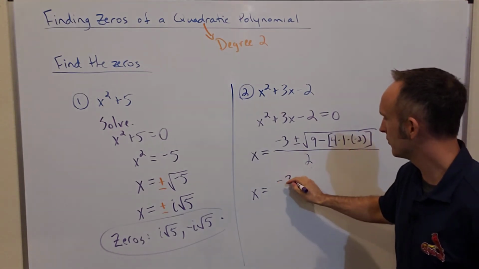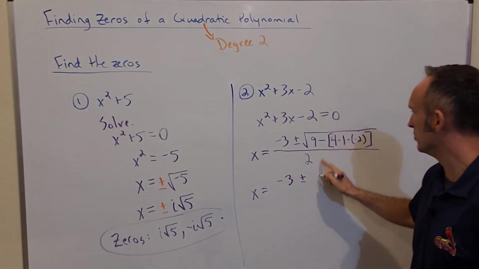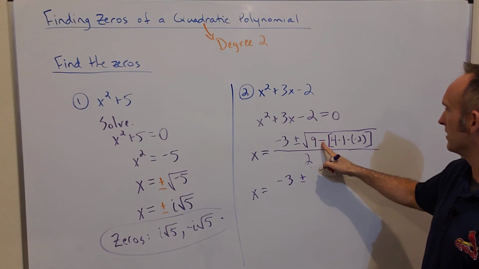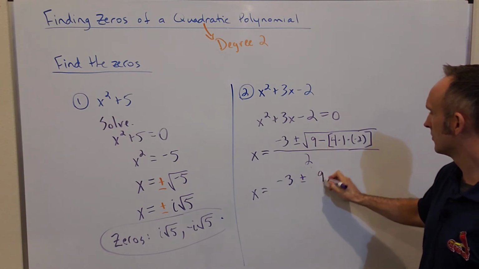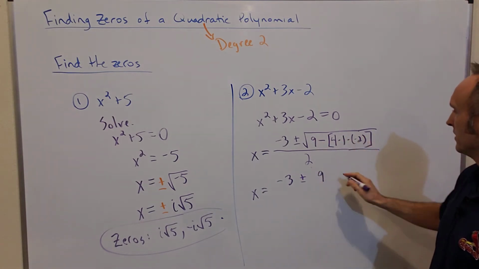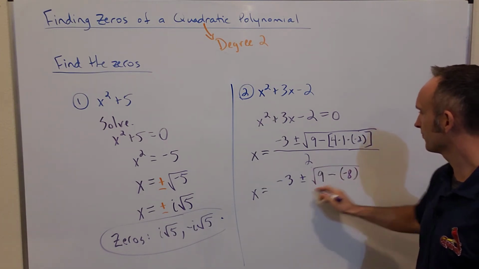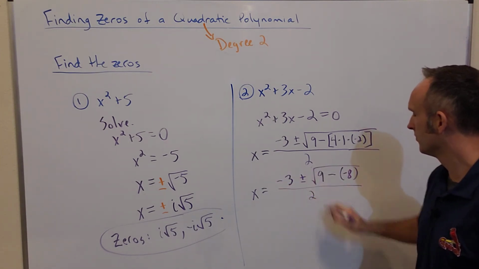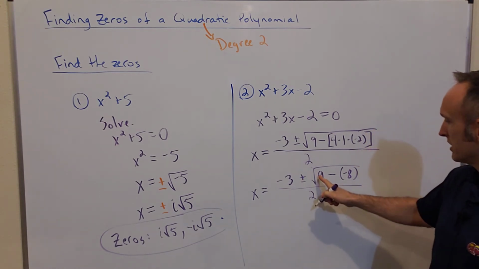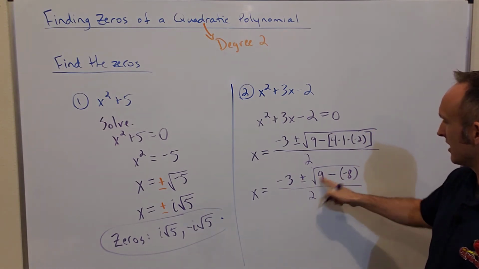So we've got -3 plus or minus the square root of 9 minus, and 4 times 1 times -2 is -8. And we've got one more step. 9 minus -8 is 9 plus 8.